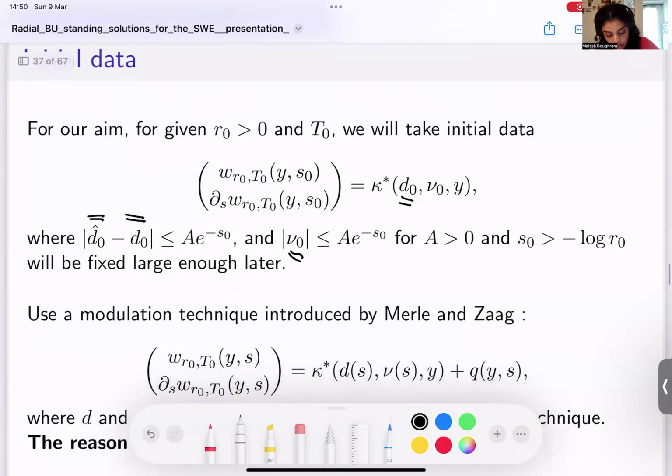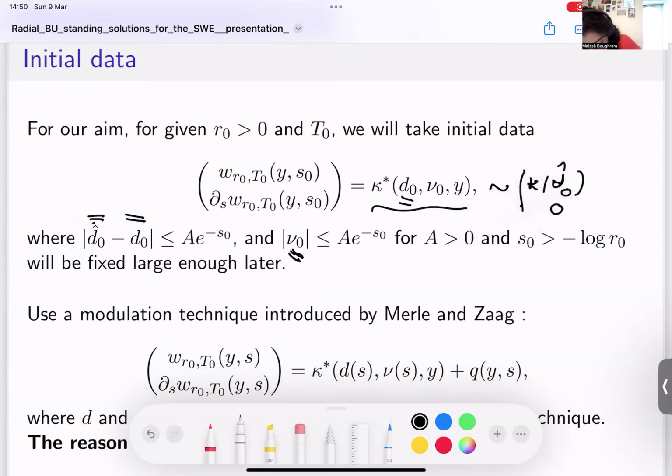Okay, so since here we are close to 0 and here close to d0 hat, then this initial data is going to be very close to kappa. Well, actually it's a vector, so it has to be like this, kappa d0 hat. Okay, so we are taking an initial data that is very close to kappa d0 hat.